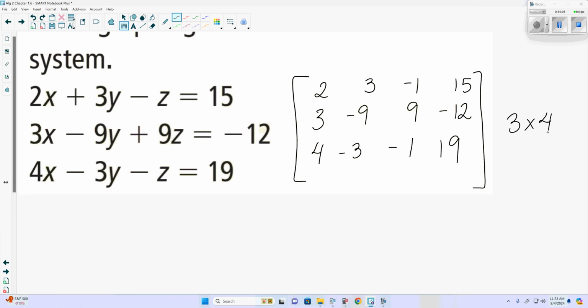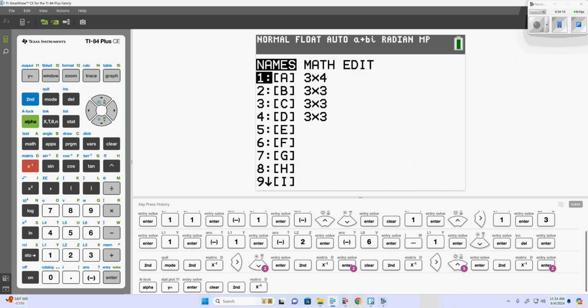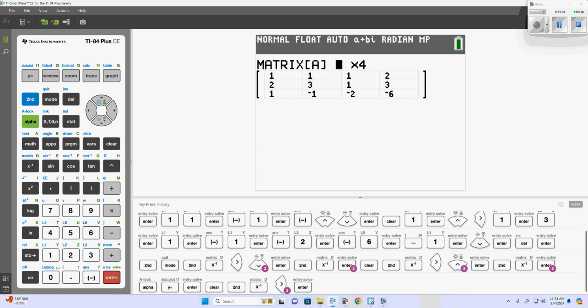So, clear that out. We'll go into the graphing calculator. Second matrix. We'll go over to edit. Since we're just sticking with one, we can just edit matrix A again. Now it's still a 3 by 4.